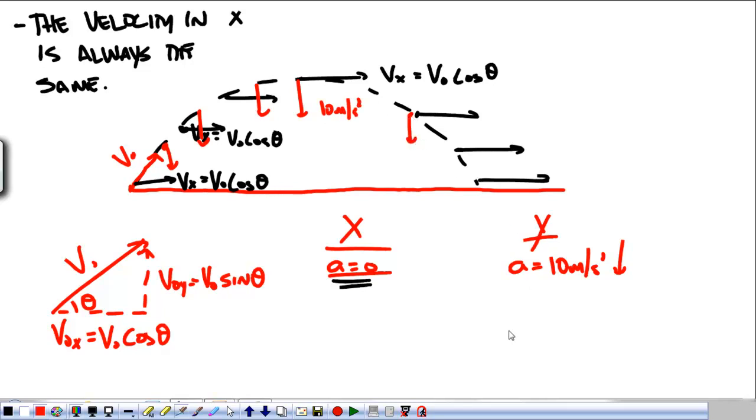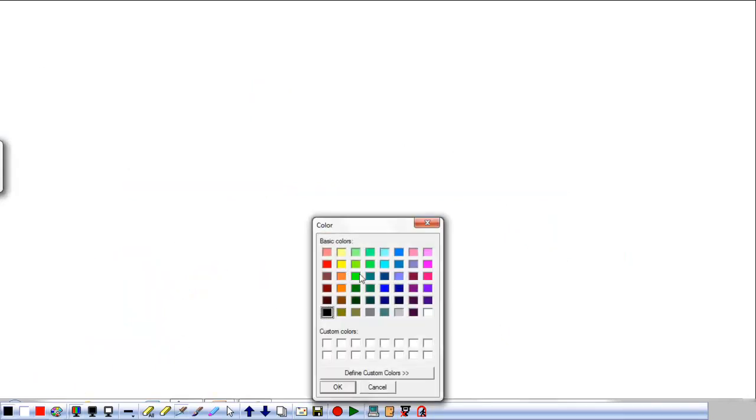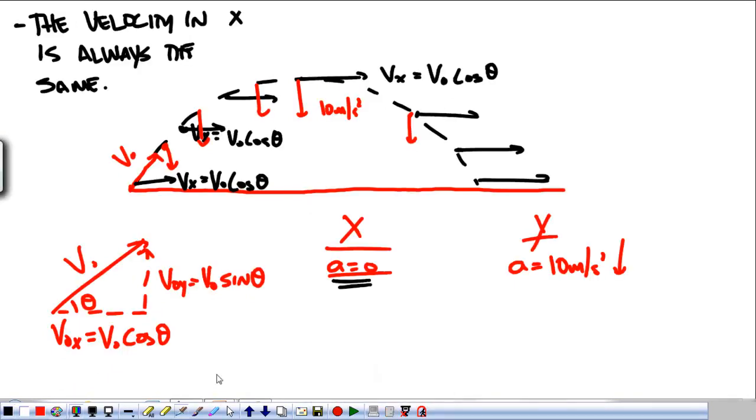So what that means is that the y velocity is constantly changing. Okay, if we were to look at it, we start off with our initial velocity in the y direction, and we notice that as time goes on, as this thing goes up and up and up, the velocity in the y changes to where it gets to 0, and then my object begins to accelerate back down more and more.